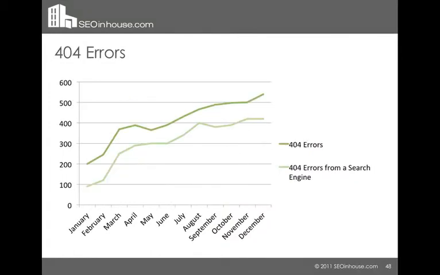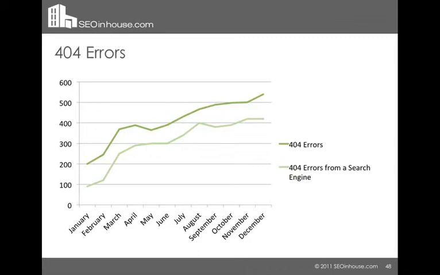The next report is 404 errors, and 404 errors most people don't think about monitoring from an SEO perspective, but what we want to do is make sure that you're providing a great user experience for search engine users. Search engine users that hit your 404 page will quickly bounce back to the search engines, and that will have a negative impact on a search engine's perspective of the user experience you are providing to their customers.